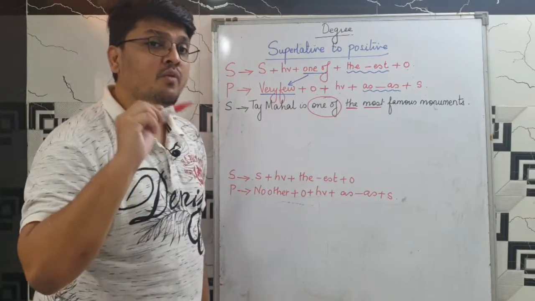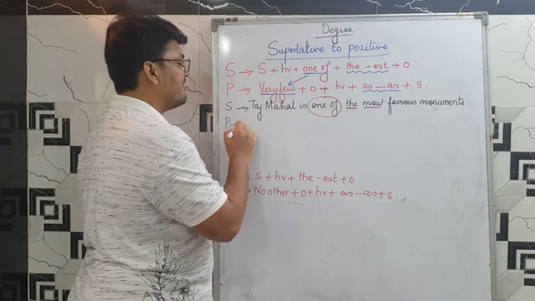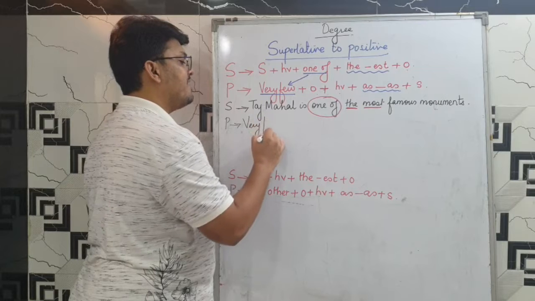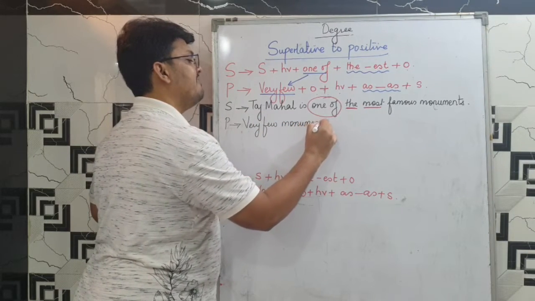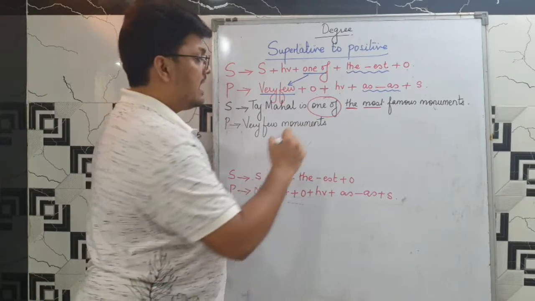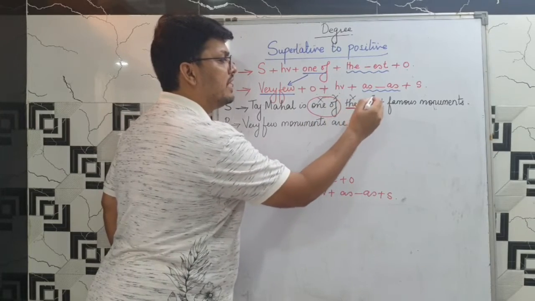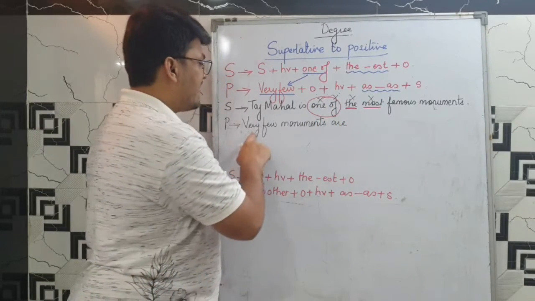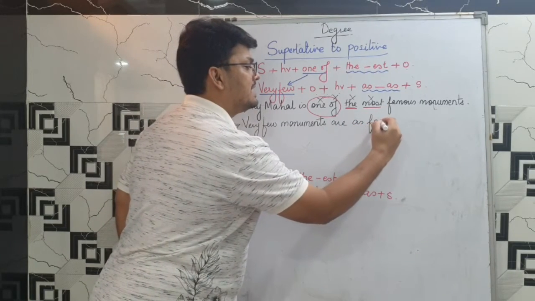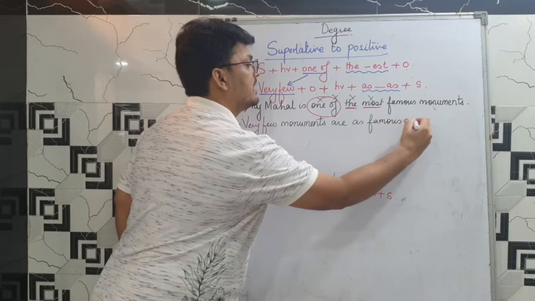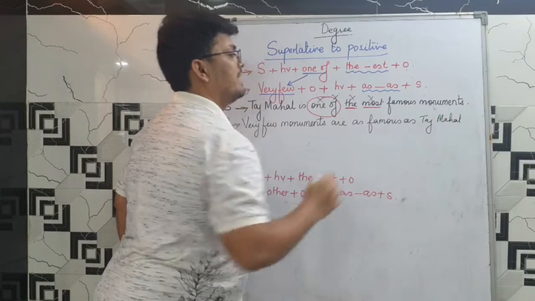So students, if you see one of in superlative degree, you will begin the positive degree with very few. So, very few monuments are. Remove one, remove of, remove the, remove most. Very few monuments are as famous as Taj Mahal.